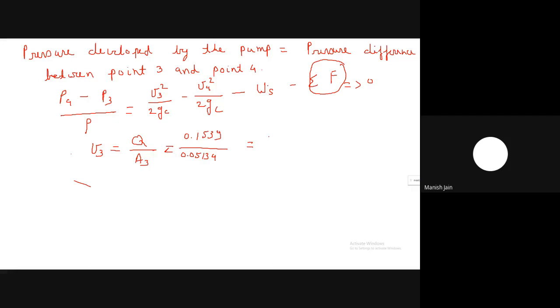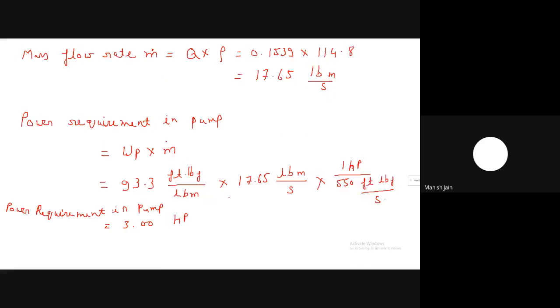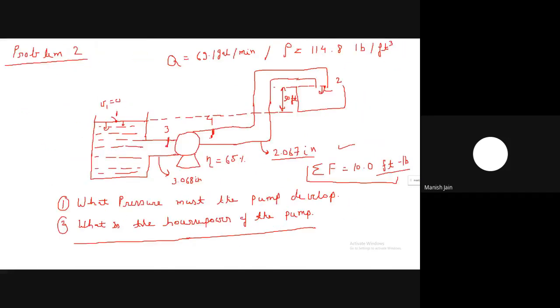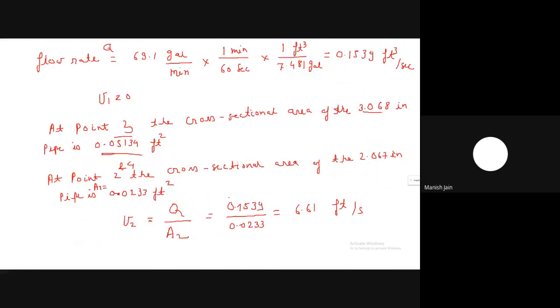V3 will come around 3.00 foot per second. Okay, similarly you can calculate the value of V4. So V4 equals Q divided by A4. The Q value is 0.1539 divided by 0.0233.